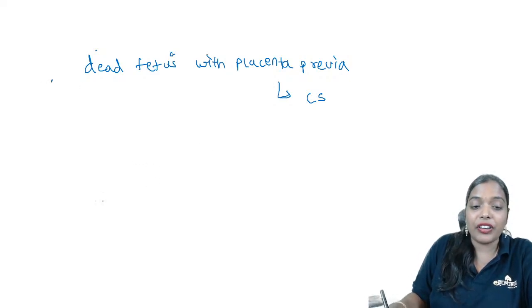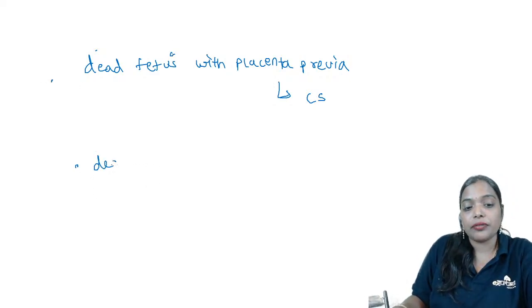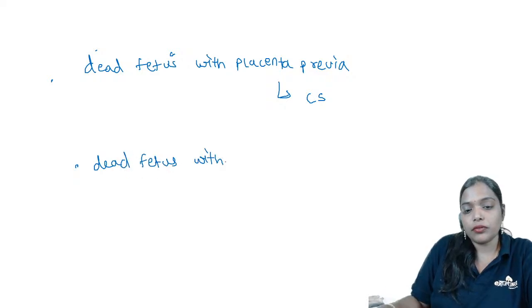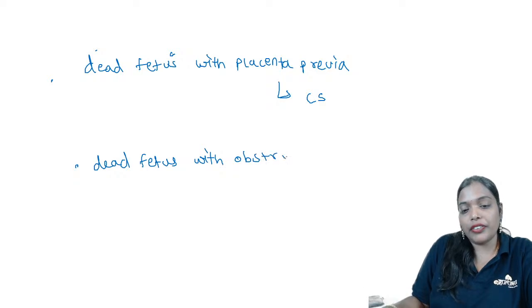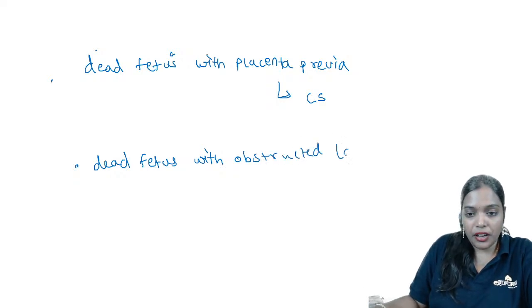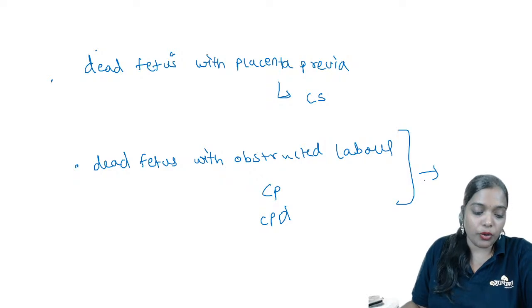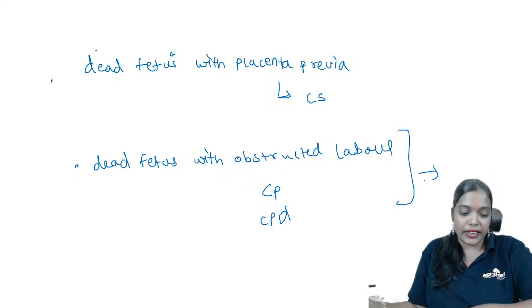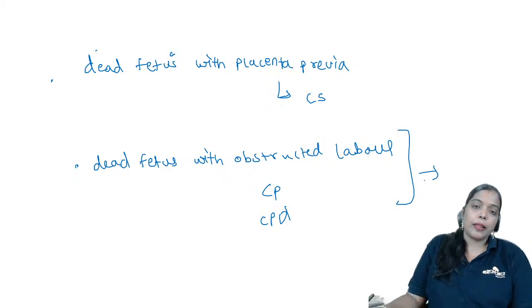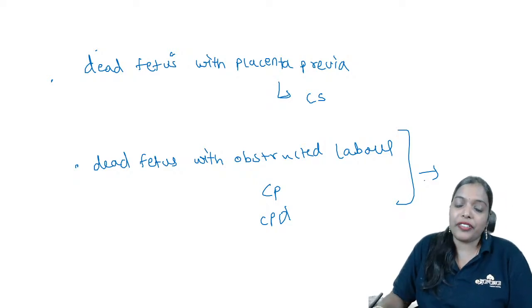Even when you have dead fetus with obstructed labor, or even when you have dead fetus with contracted pelvis or CPD, what will be the mode of delivery in all these? Will you go for vaginal delivery or will you go for cesarean section?